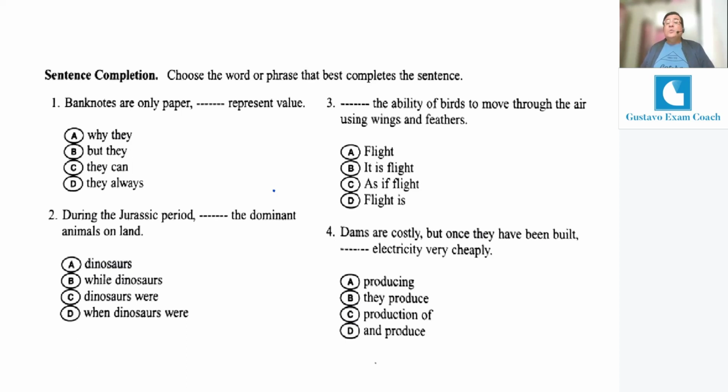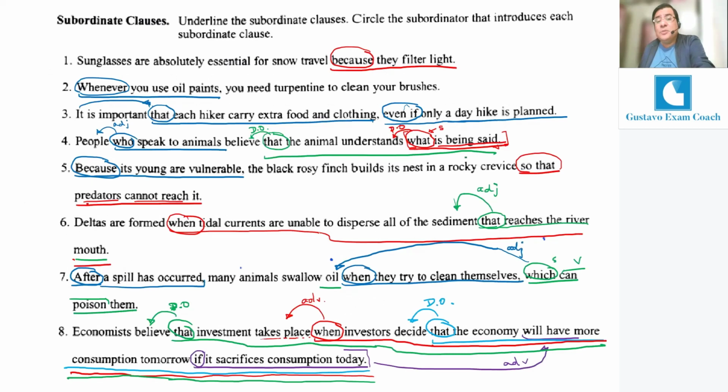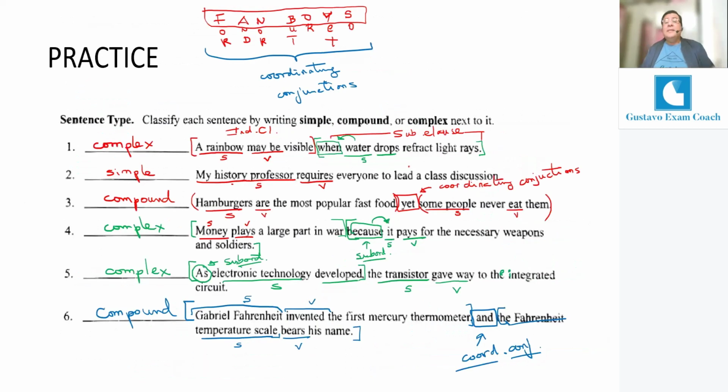Pay attention to the words just before and after the blank space, as well as to all the punctuation symbols, such as commas or semicolons or colons, because their position will also help you distinguish the most appropriate options to choose.